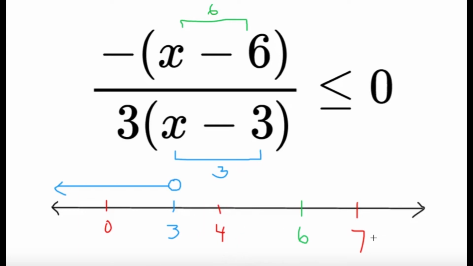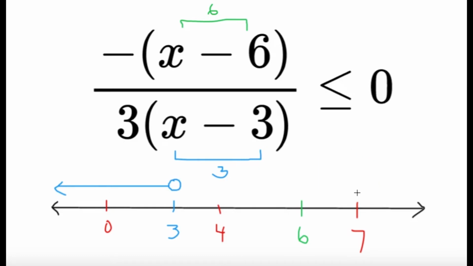Now next we try 7. If I substitute 7, it's going to be negative of 7 minus 6, so that's negative 1, divided by 3 times 7 minus 3. Now 7 minus 3 is 4, 3 times 4 gives us 12, so negative 1 over 12 is negative, so it satisfies.